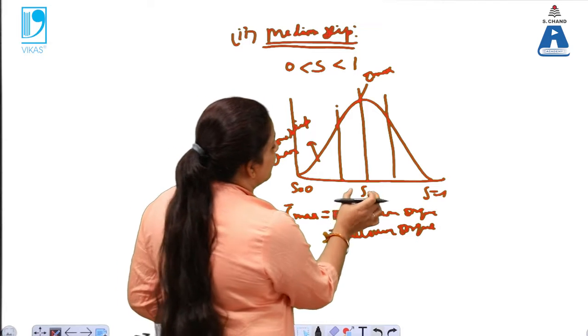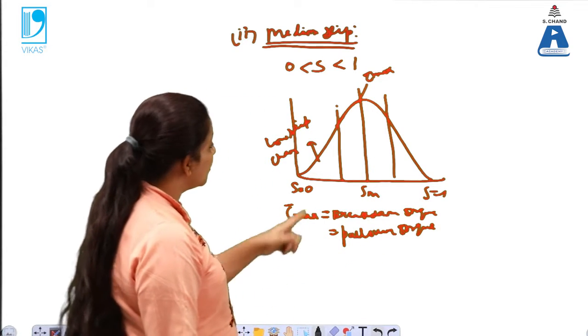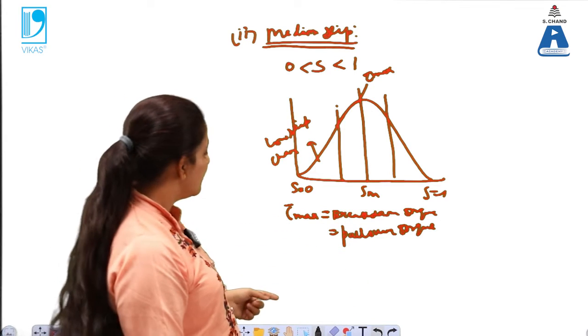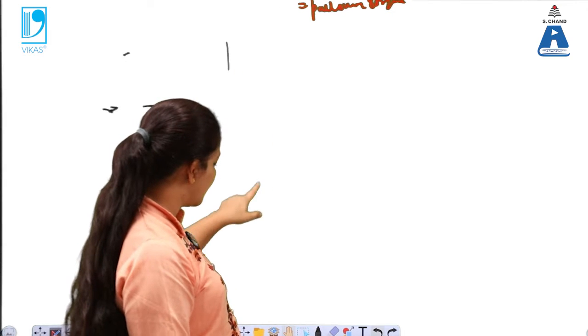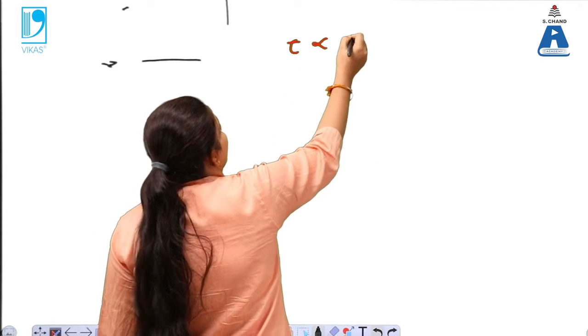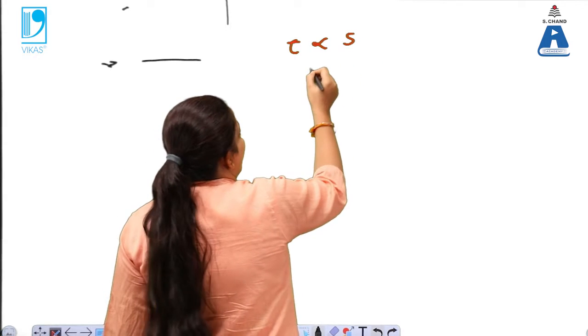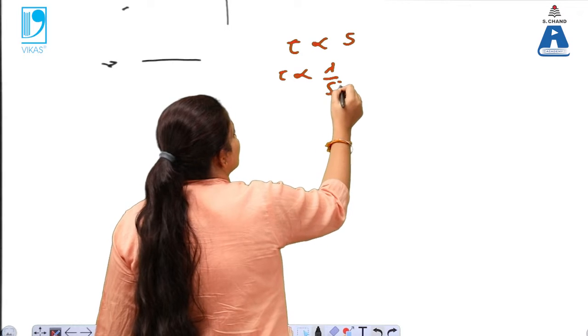Now beyond this region, when the slip goes on increasing further, consider the torque slip relation. One component is proportional to S, while the other component is proportional to 1 by S square.